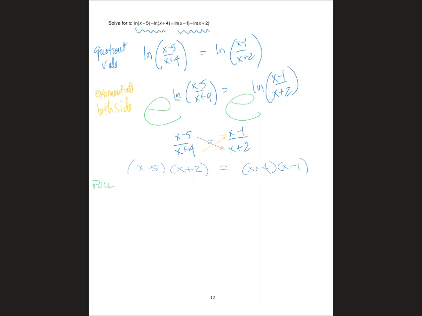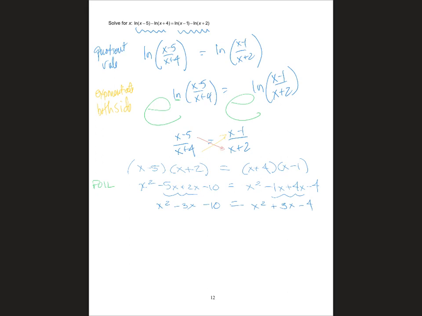So the left-hand side is going to give me x squared. I'll show all my steps. And the right side first, outer, inner, last. And then I'm going to combine like terms. So x squared minus 3x minus 10 equals x squared plus 3x minus 4.